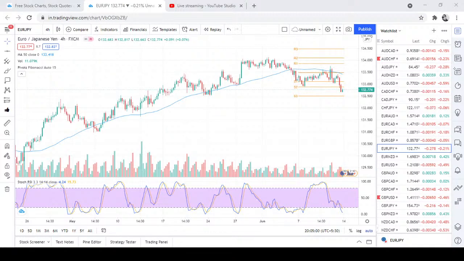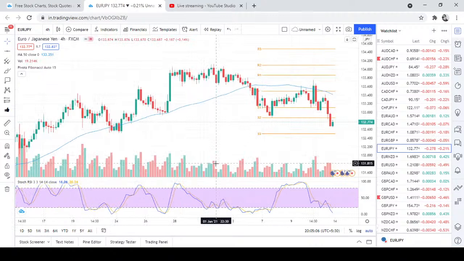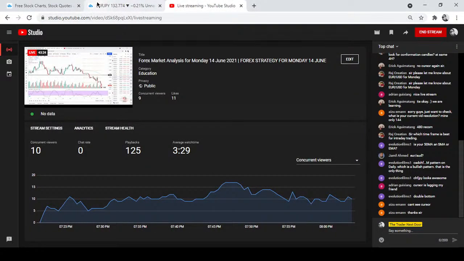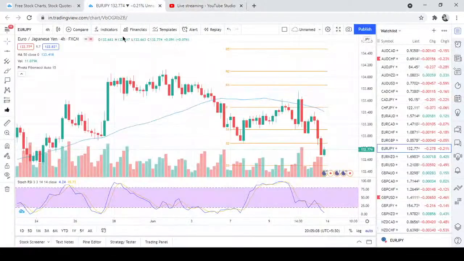If it reverses just like previous times, then we can short the market at the 50 moving average. Just short when the market is going up from here.